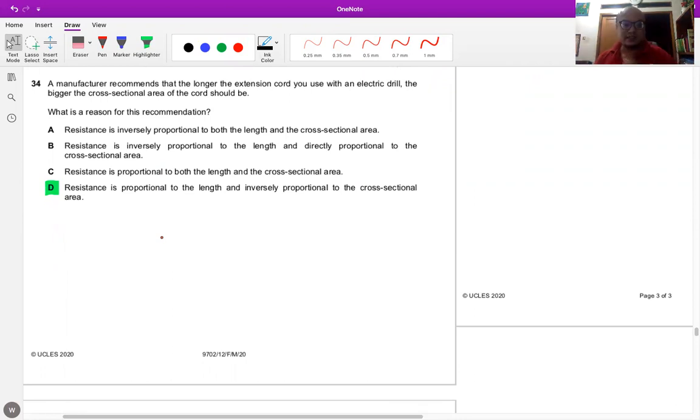Yes, correct, because if you still remember the R formula was rho L over A, so resistance is proportional to length and inversely proportional to area. Yes, that's it. Okay, B is correct.